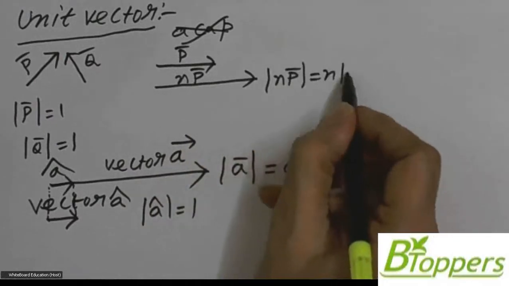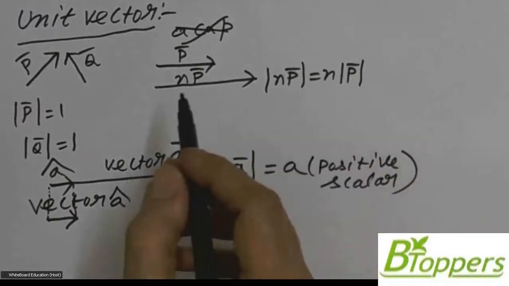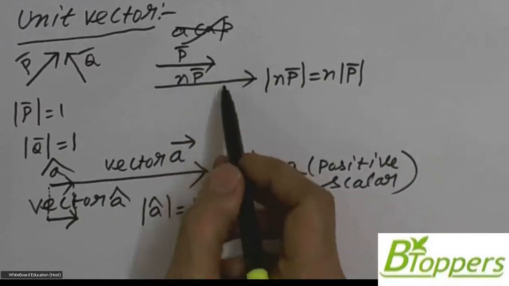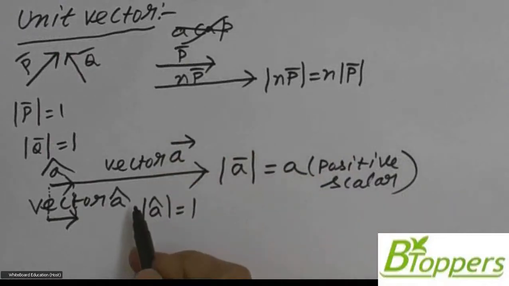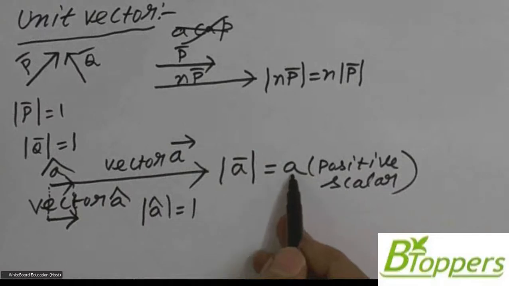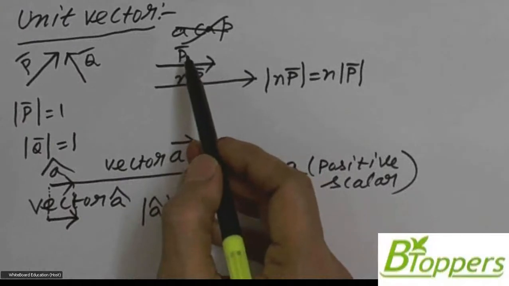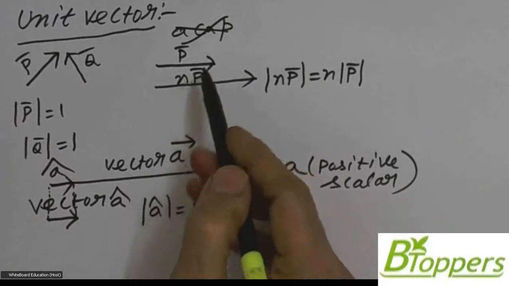The modulus of vector NP bar is n times the modulus of vector P bar. So in general, when a vector is multiplied with a positive scalar, you get another vector in the same direction. In a similar way, here I am going to multiply this vector A cap with this scalar A, just as in this figure I multiplied vector P bar with positive scalar N.